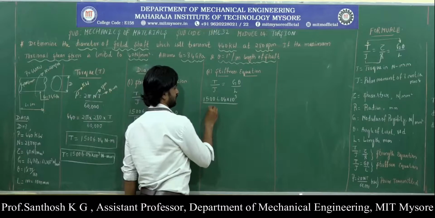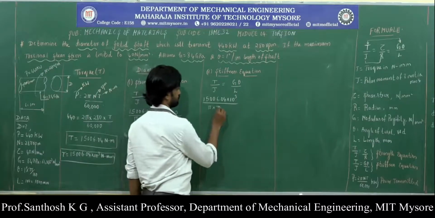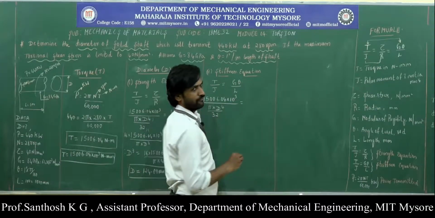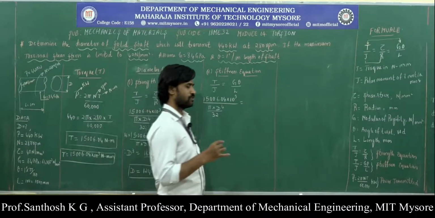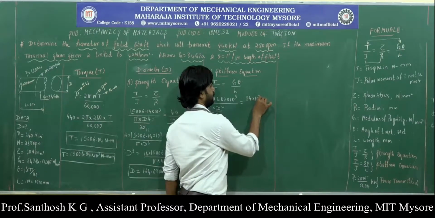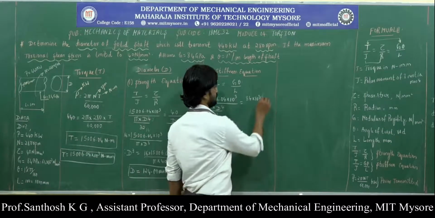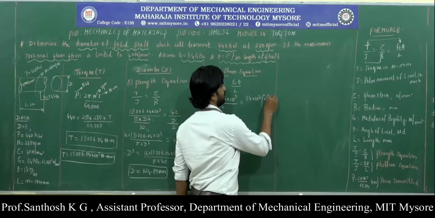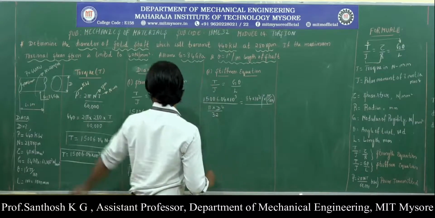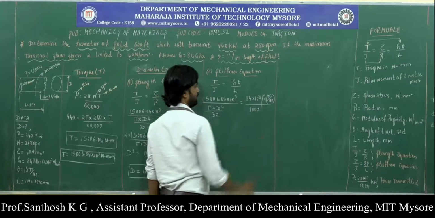The value of J is pi into d to the power of 4 divided by 32 equals the value of G, the modulus of rigidity, 84 into 10 to the power of 3, into theta. So theta given is 1 degree into pi divided by 180, divided by L, which is the length of the shaft, 1000 millimeters.